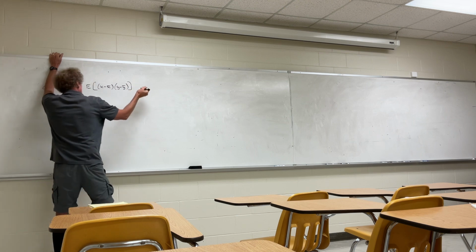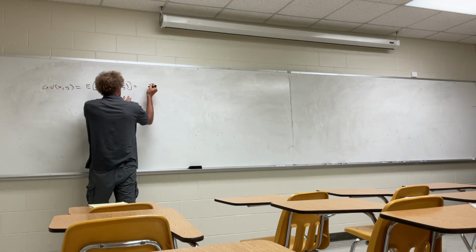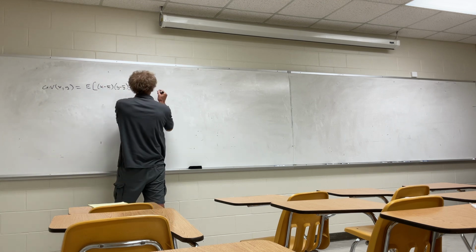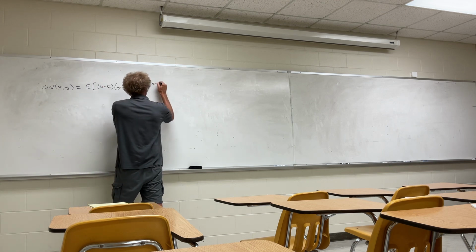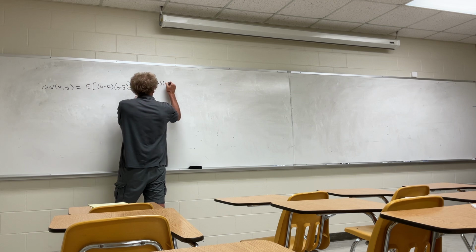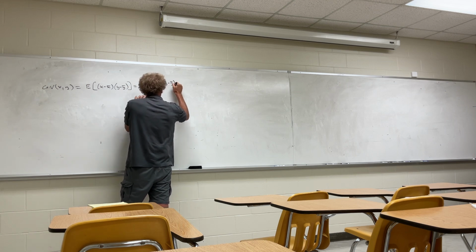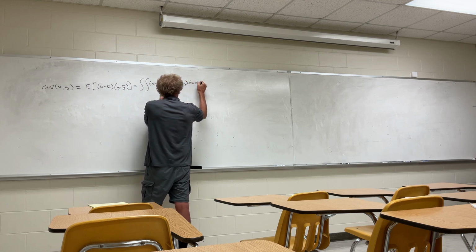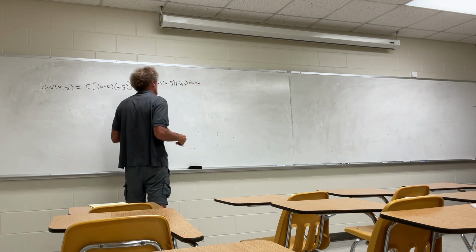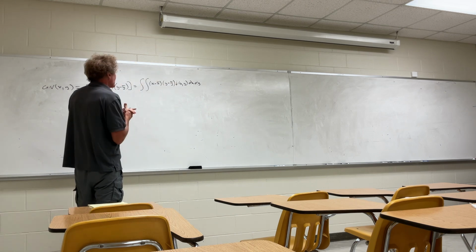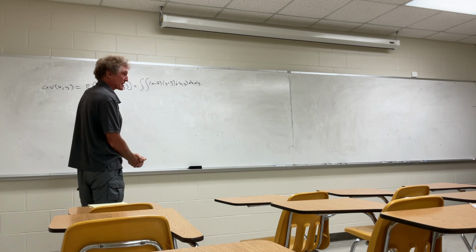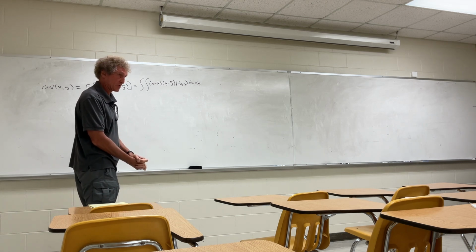If you look at that, this is really by definition a double integral: x minus x bar, y minus y bar, times f of x comma y, dx dy, and the limits would correspond to where f of x, y is non-zero. That's the only thing I'm showing you, okay?